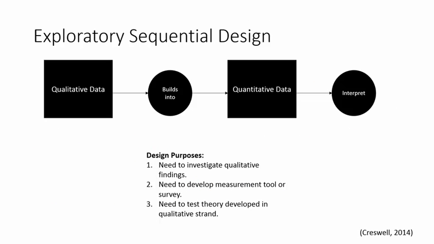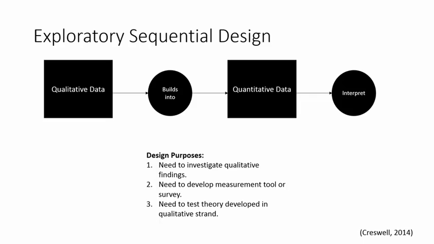Okay, with the third design, we have qualitative data. In this case, it's an exploratory sequential design. So we start off with the qualitative data as opposed to the quantitative data. And that's going to lead to or build into some type of quantitative analysis or quantitative study.